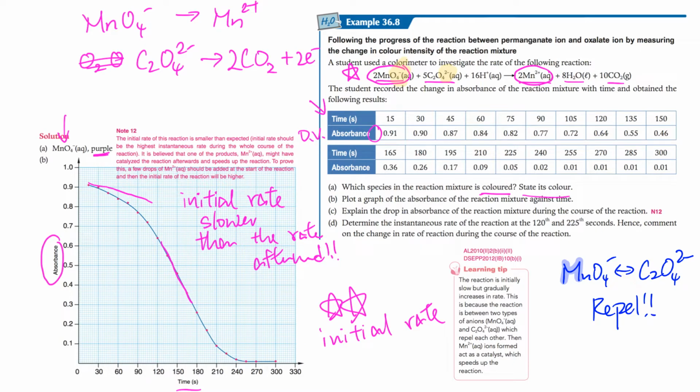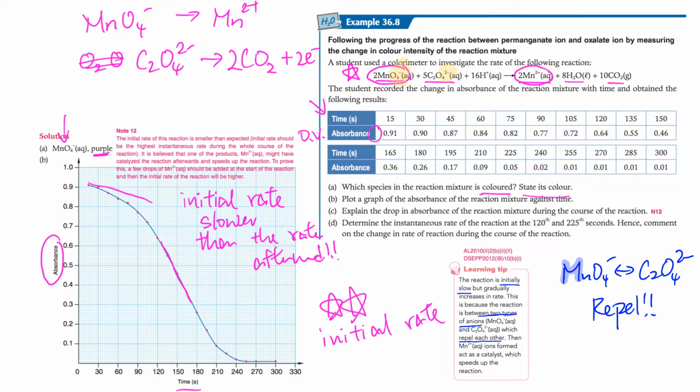This repelling each other will prevent the reaction from going very fast at the very beginning. So you'll find that the initial rate is slow because it involves two anions bound to each other. They repel each other. So at the beginning, the reaction is very slow.